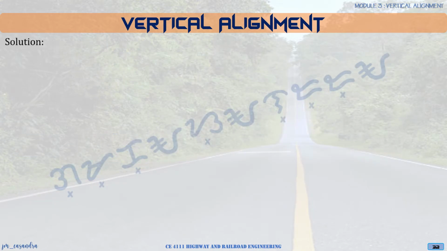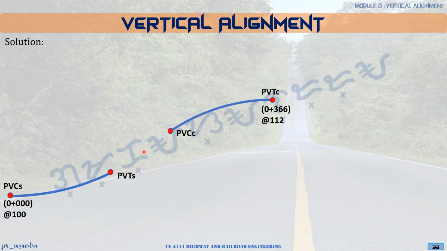So for our solution, we now have our sag curve. The beginning would be the PVC of the sag at 0+000 and elevation 100. So going up, we have here our vertical tangent of the sag. And towards the bridge, we have the vertical curvature of the crest curve.